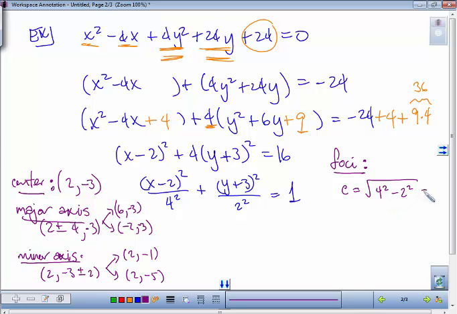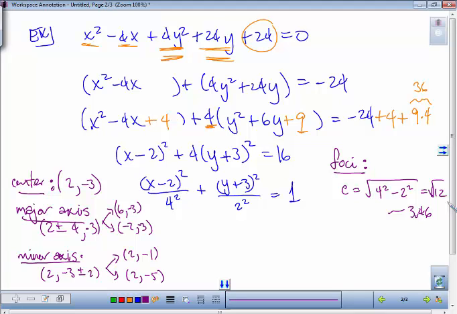What is this? This is the square root of 12. Let's get a decimal approximation for this. I think it's 3 point something. 3.46, just to give us an idea of how the graph would look.